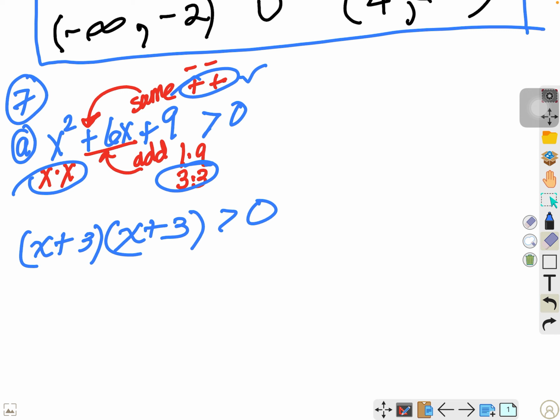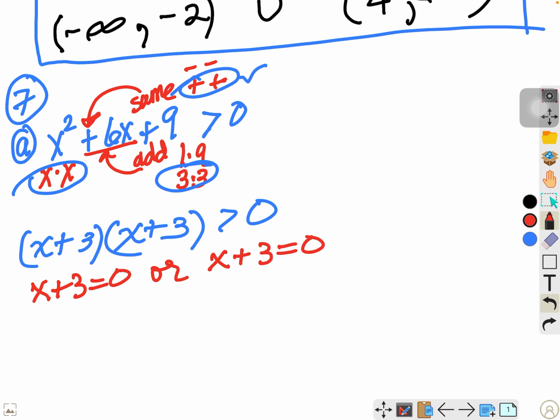And so our critical values have been duplicated. We have 2 factors, but because they're identical, we're going to get the exact same critical value from each. So x plus 3 equals 0 or x plus 3 equals 0. We add 3, or actually 3 is already being added, so we're going to subtract 3 from both sides.